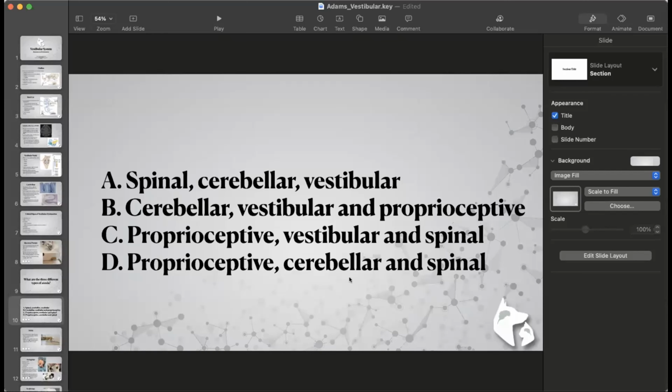Right, so we have 1 for D, proprioceptive, cerebellar, and spinal. We'll vote for A, so spinal, cerebellar, and vestibular. Another one for A. Lots of A's.